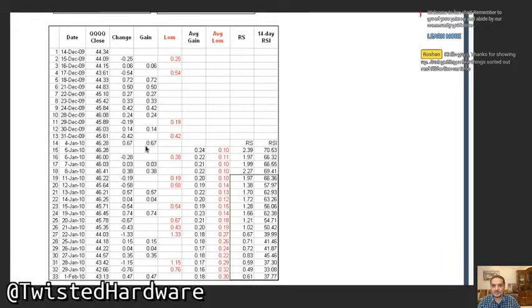This is percentage. These are gains in percentage points. Then we average all of our losses of the past 14 days, which are these days, 1, 2, 3, 4 days, and we get this average of our losses in the past 14 days.